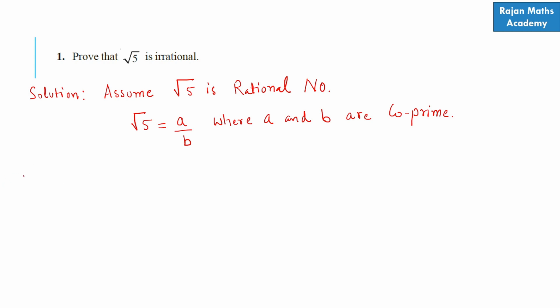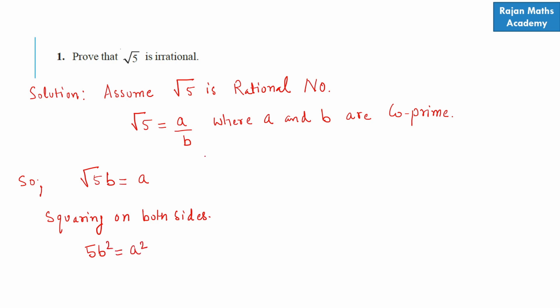So cross multiply: root 5 into b is equal to a. Squaring on both sides, we get 5b square is equal to a square.